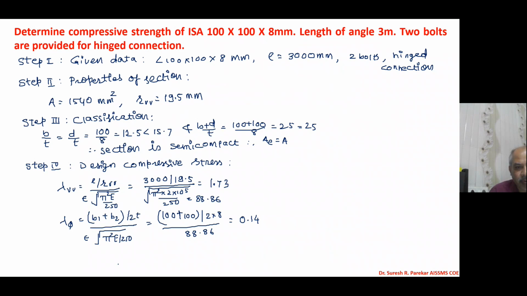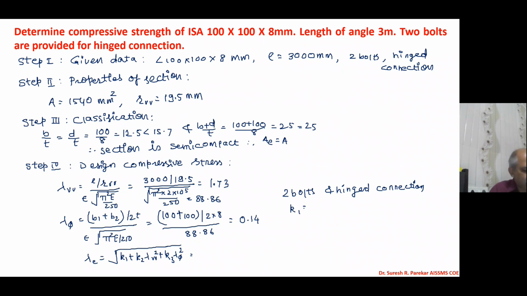Now we have to find value of lambda E, equivalent slenderness ratio, root of K1 plus K2 lambda VB square plus K3 lambda phi square. Now you can go to table 12, and on table 12 for 2 bolts and hinged connection, value of K1 is given.